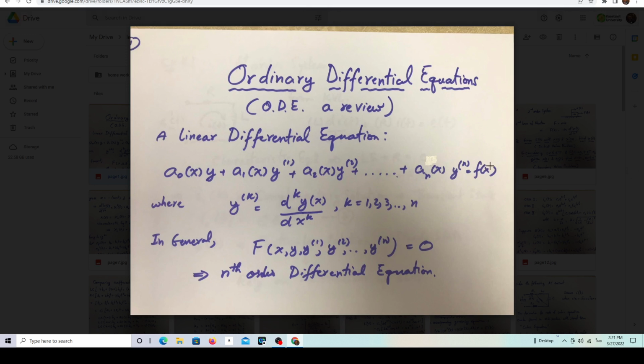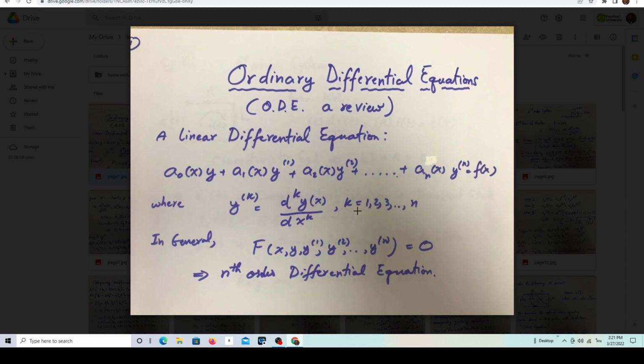Therefore the right hand side has to be an arbitrary function depending on x. This is the definition of y superscript k in brackets, the kth order derivative of y with respect to x.